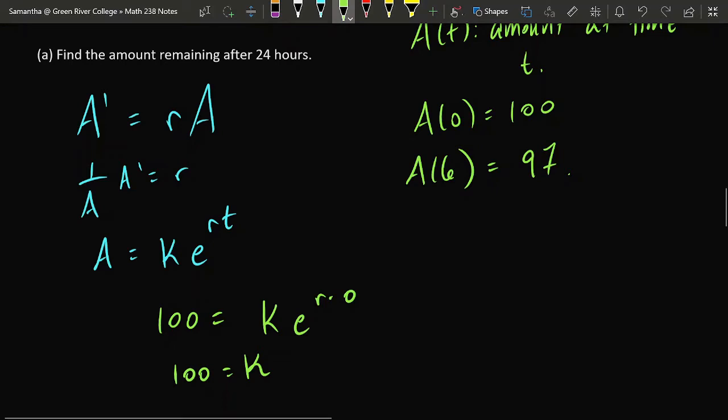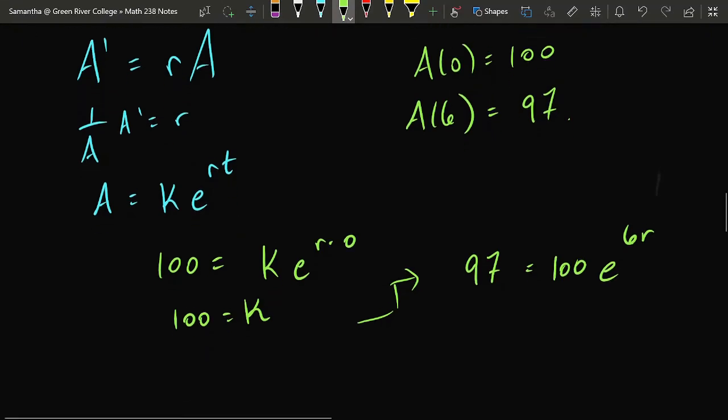So now that we've determined the value of k, let's determine the value of r by plugging in the second point, which says that we're going to have 97 milligrams of this substance after 6 hours have passed. So I'm going to replace the t with 6, and we now know that k is 100.